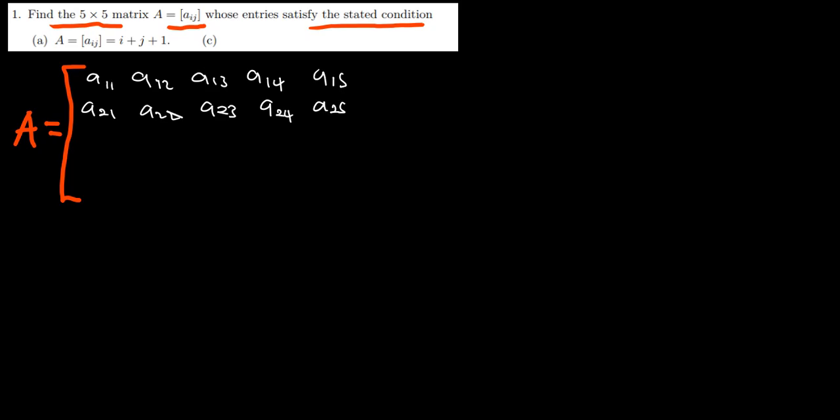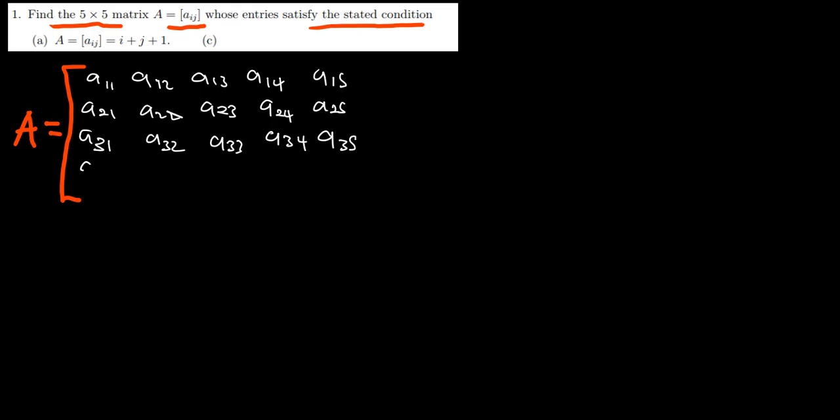The next row will be A31, A32, A33, A34, A35.